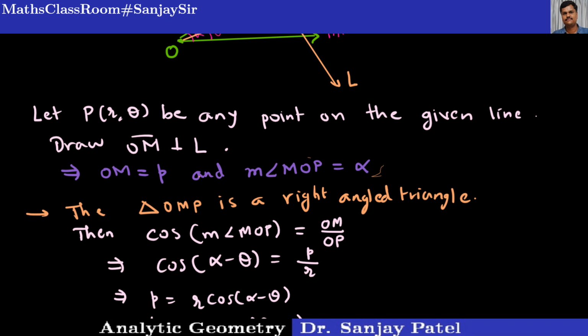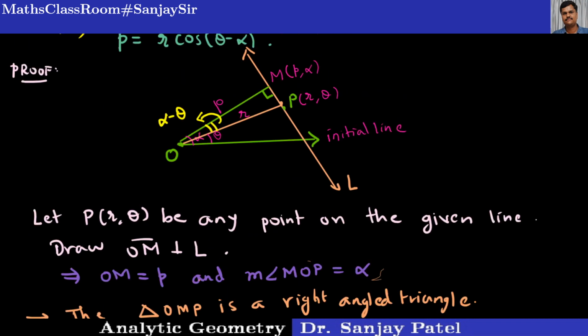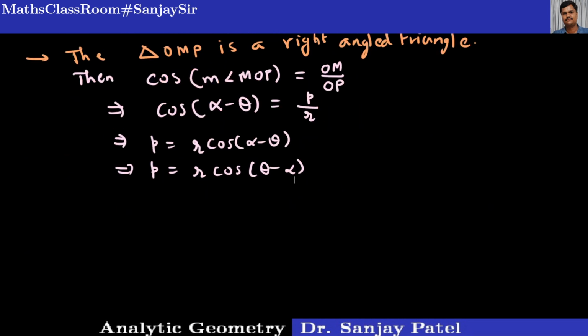What is the important thing here? In this theorem, we get one more thing, and that is the coordinates of the foot of the perpendicular. This M is the foot of the perpendicular from the pole onto this line, and its coordinates are p comma alpha. Let us write this as a remark, because it is useful.